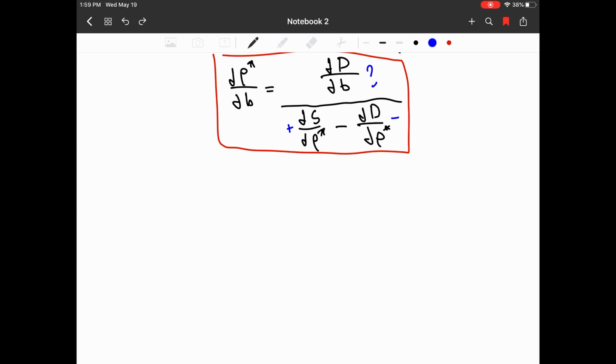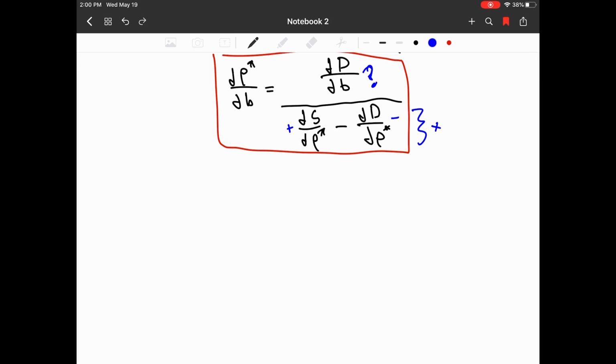So the whole bottom piece is positive. So the sign of the derivative of d with respect to b determines whether b shifts price up or price down.